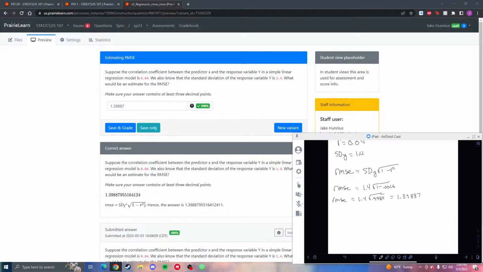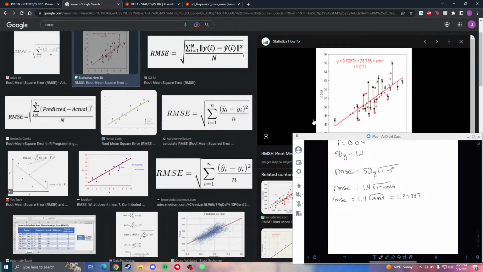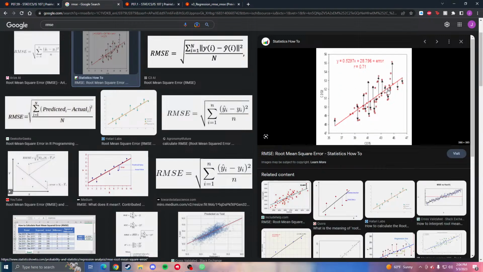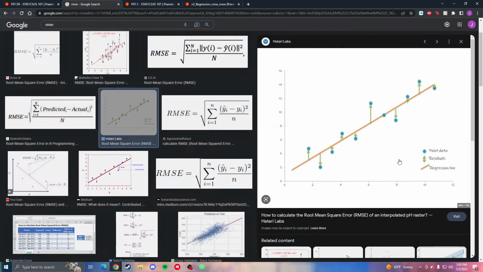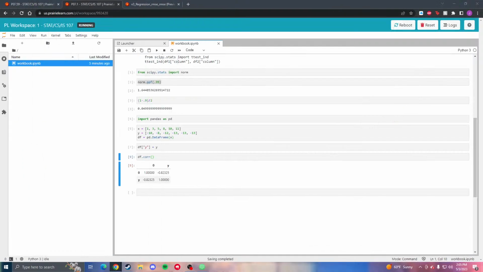I don't know if more accurate is the right word, but if I were to pull this up right here, it's just kind of similar to the residuals in this case. It's a kind of complicated concept.